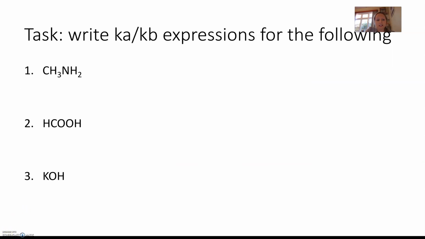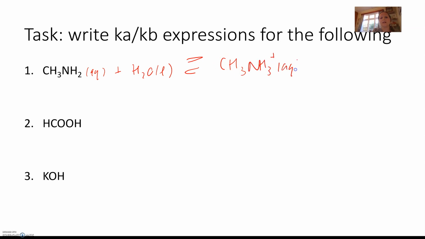So here's a wee task for you: write Ka and Kb expressions for the following. So let's go through and do this. First of all, you need to do equations, okay? So CH3NH2 aqueous plus H2O liquid goes to CH3NH3+ aqueous and OH- aqueous.